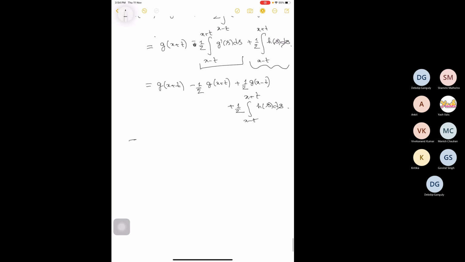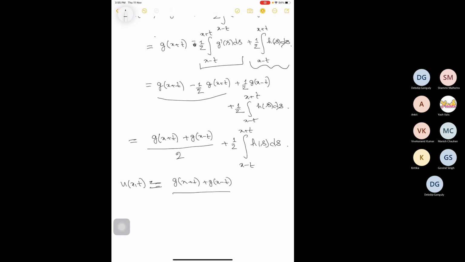So this is equal to, you can club it, g of x plus t plus g of x minus t by 2 plus half integral from x minus t to x plus t of h of s ds. Okay, so you can write explicitly the solution u of x,t, because g is a given condition, g is known.